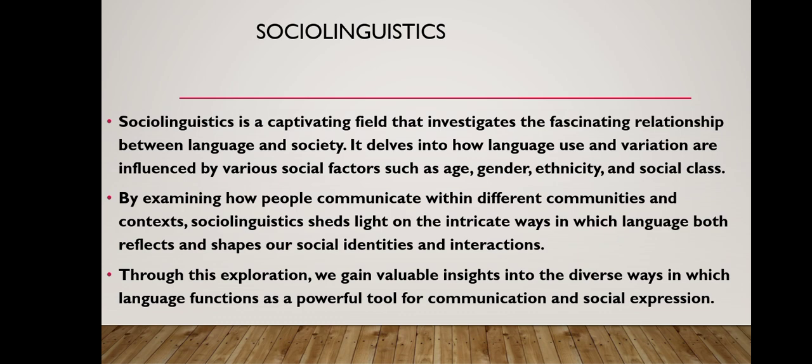So if both of them get together or become friends, they will have a mixed kind of language because they will adopt those languages from each other. This is how language and society work, how people's language is impacted by society. I hope you're getting that.